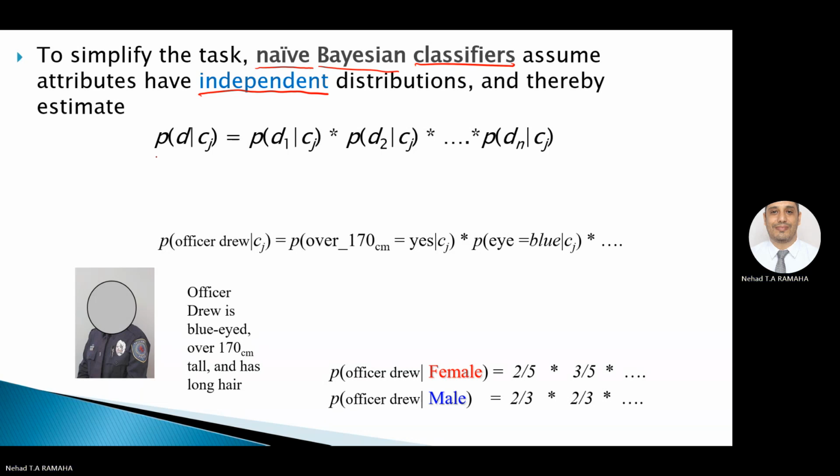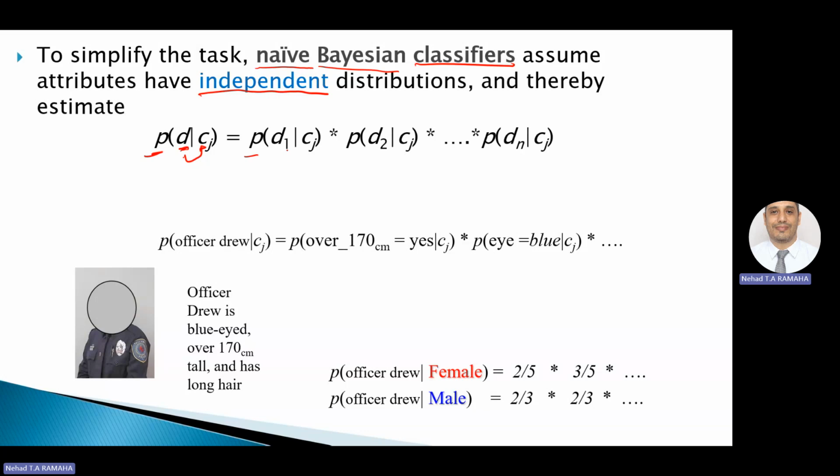So the probability of specific data or feature with a specific category equals the probability of the feature with the category, multiplied by the probability of the category itself.